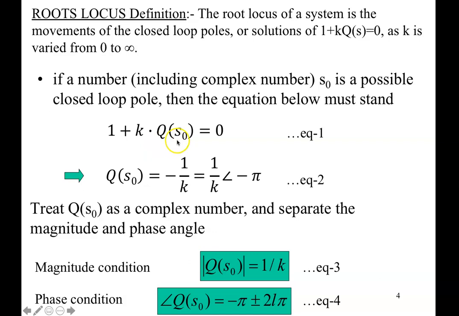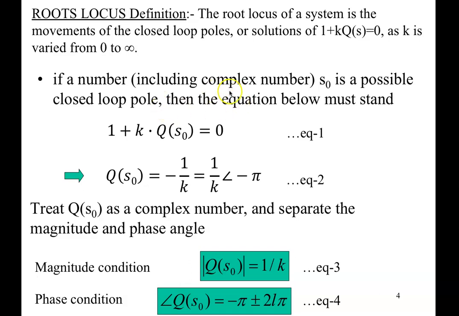Okay, now think about that. This Q(s) is a transfer function, so it could end up with a complex number. It could be a real number, it could be a complex number. A real number could also be expressed in the form of a complex number, just the phase angle would be 0, as we covered in the revision for complex numbers.